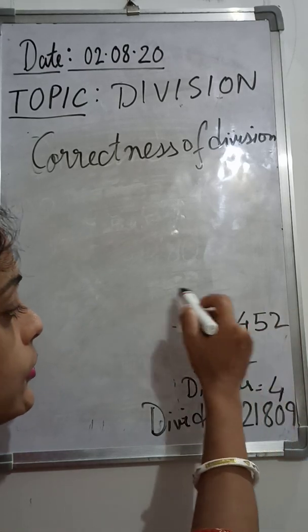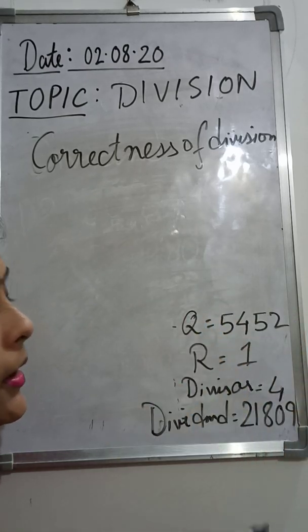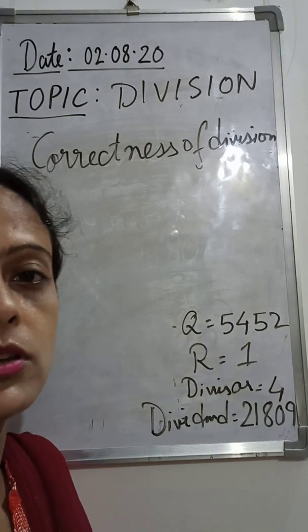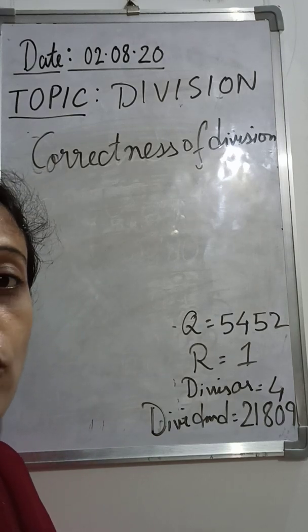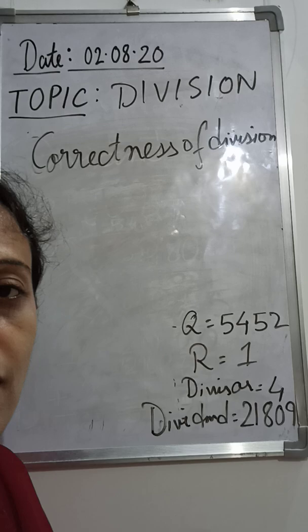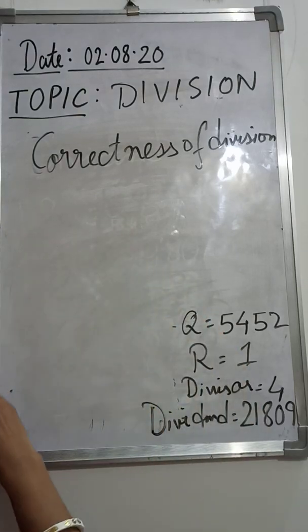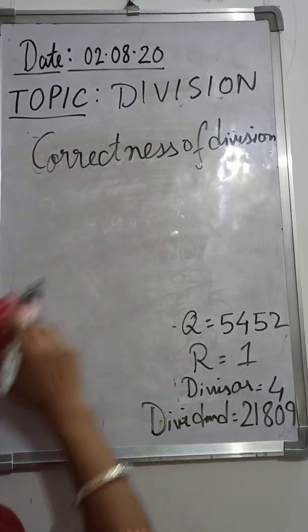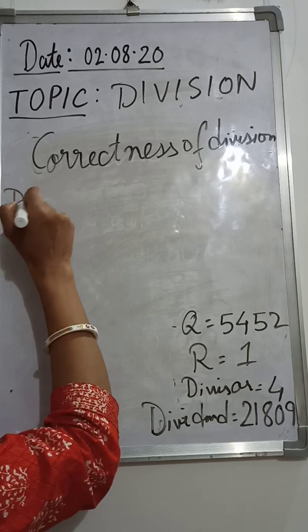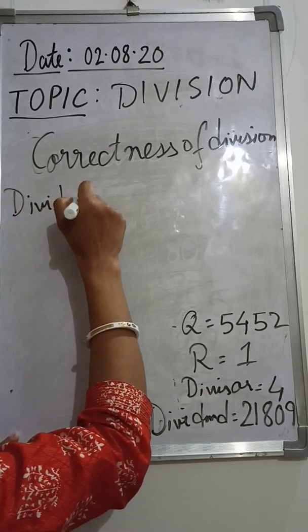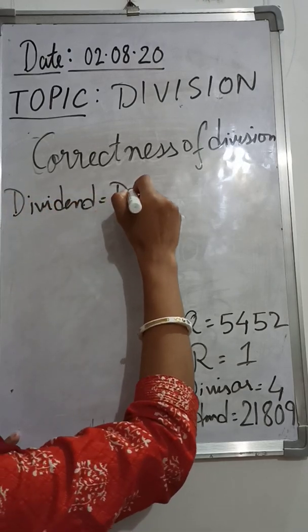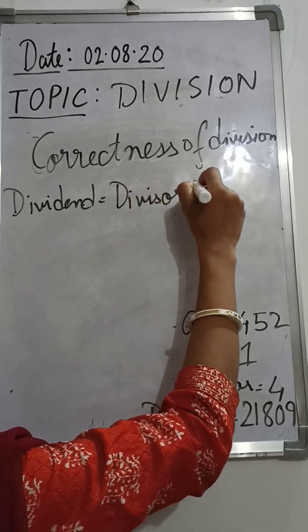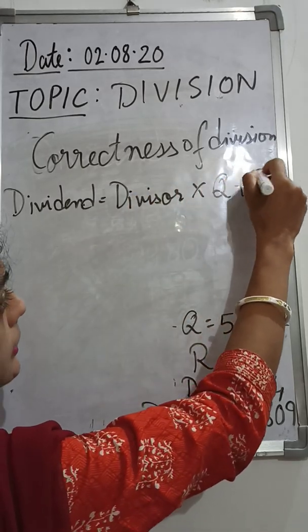So we are going to use these 4 numbers to check the correctness of our division. How to do that? We are going to use a formula. The method is, your dividend should always be equal to divisor multiplied by quotient plus remainder.